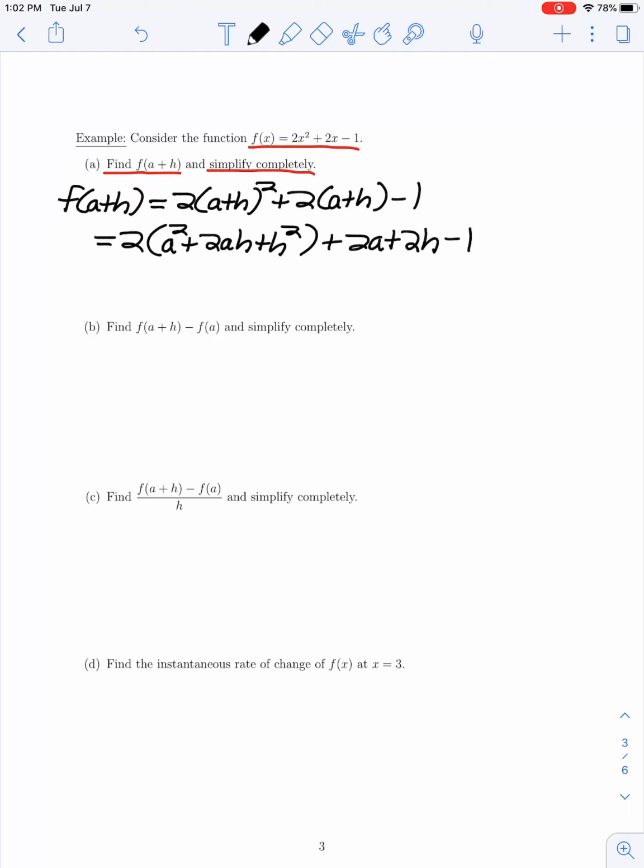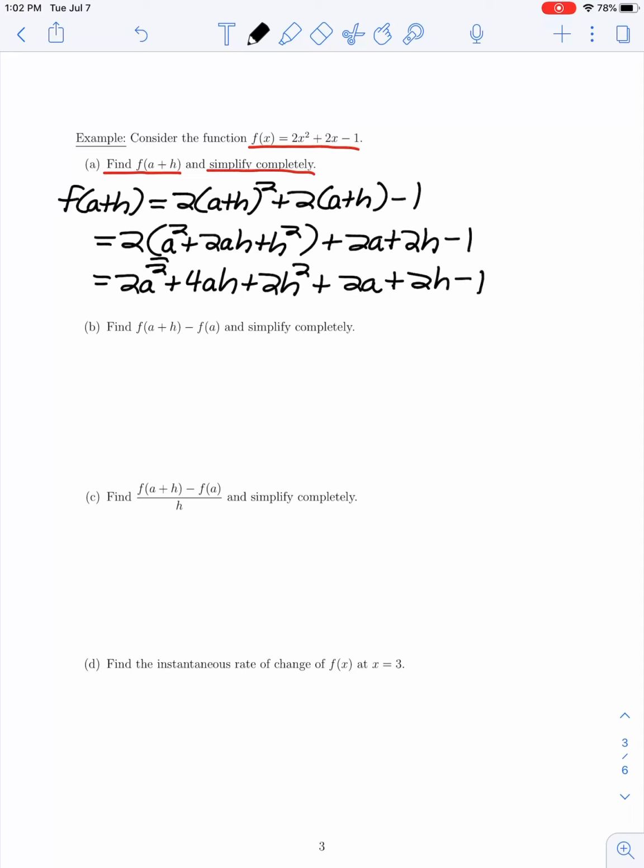Now, if we distribute the constant 2 out in front, we have 2a squared plus 4ah plus 2h squared plus the rest of this. We still had our plus 2a plus 2h minus 1.